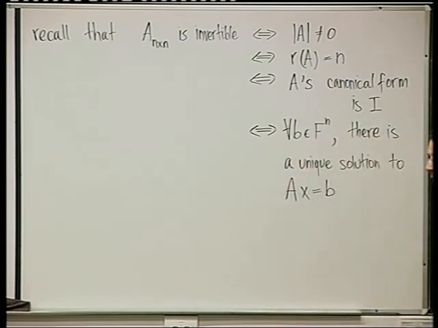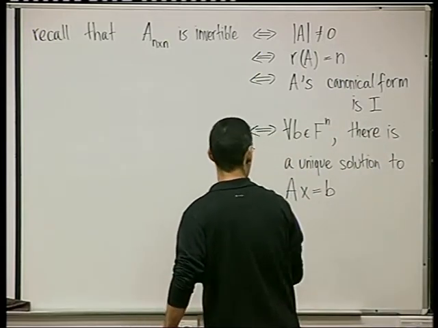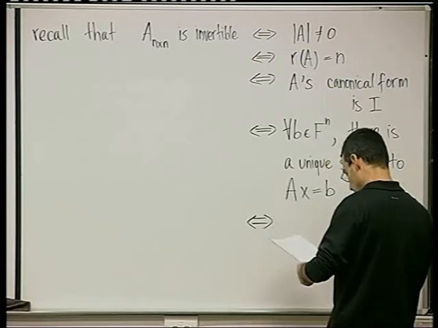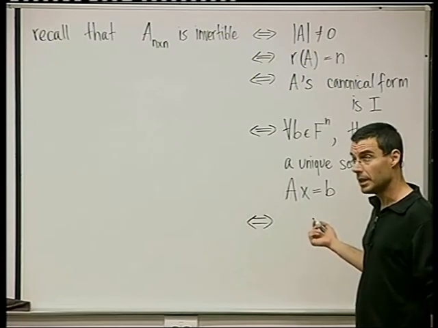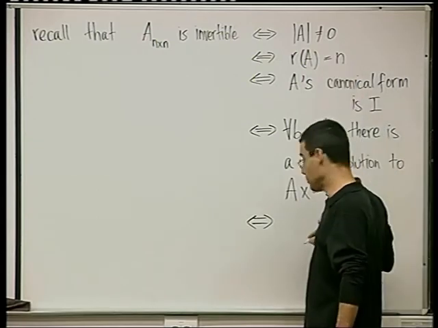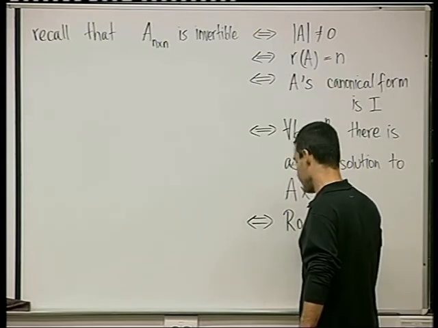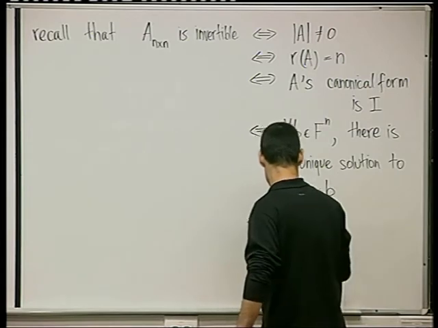Remember these? Okay. If and only if, I ran out of board. That's because I only used half of it. Duh. The rows of A are linearly independent, right? That's equivalent to saying that it has full rank. So there are many ways of stating these, right?